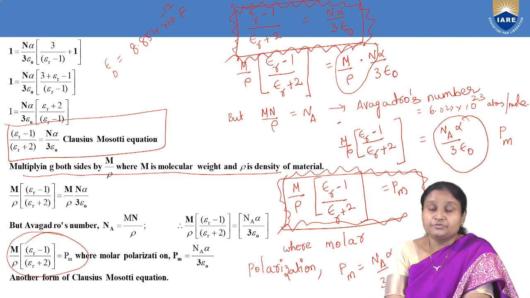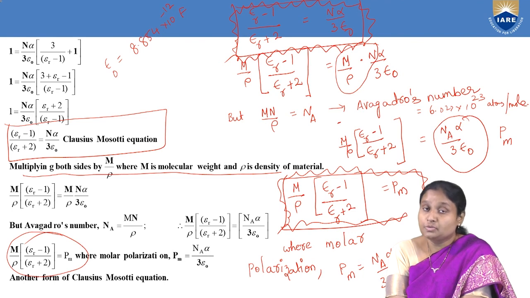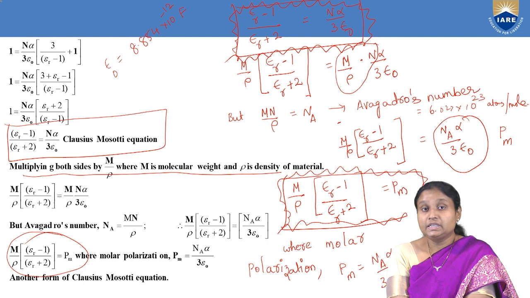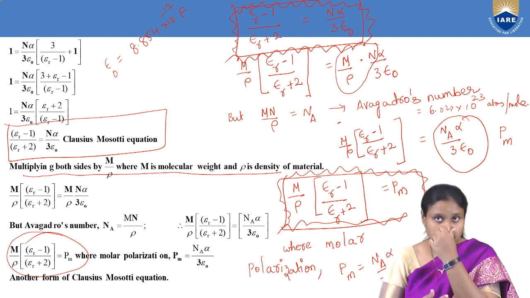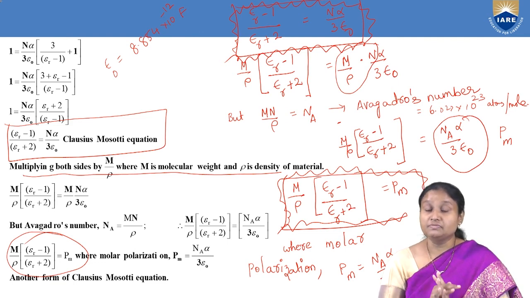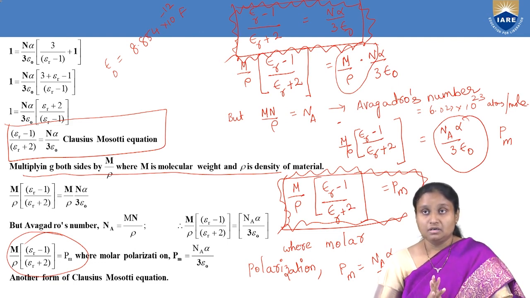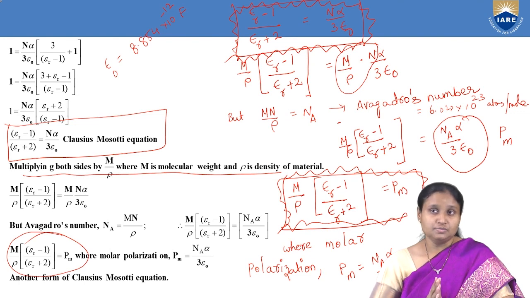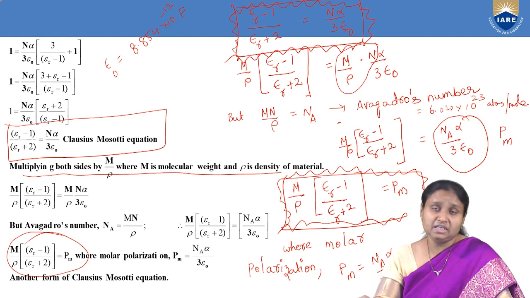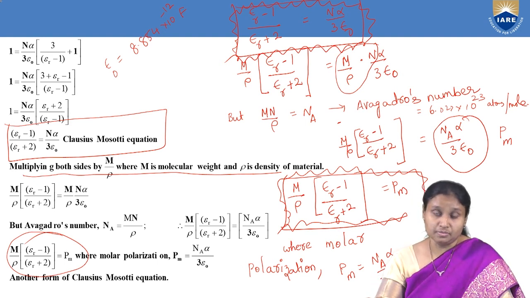It helps us find a microscopic or macroscopic quantity once we know the other type of quantity related to a dielectric material. This formula is used in many applications, usually numerical problems.